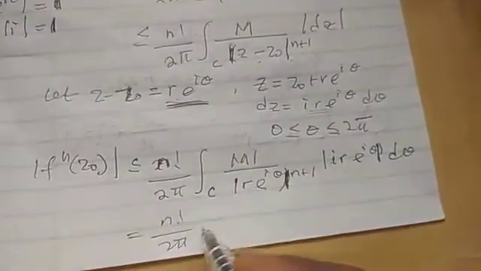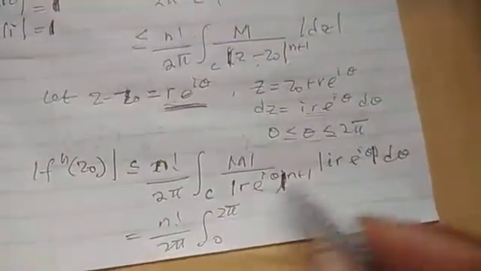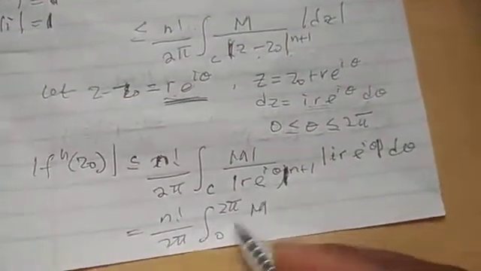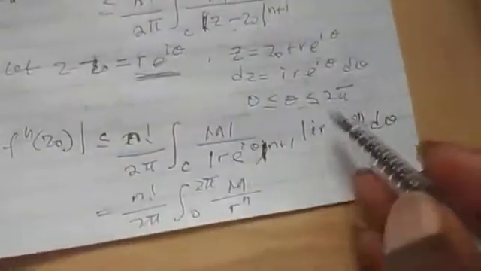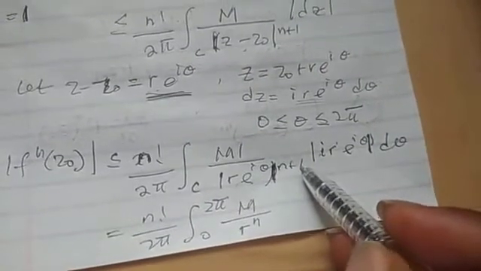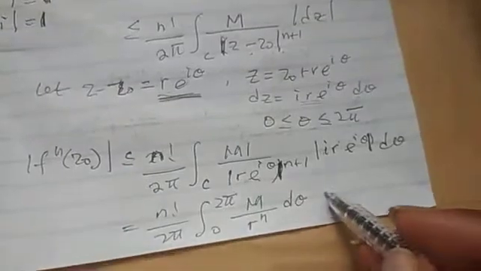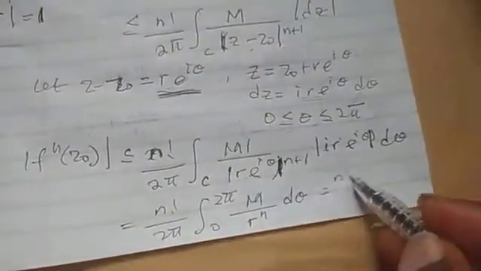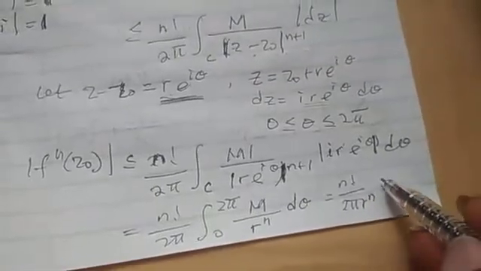What we are going to have left is n! over 2π, integral from 0 to 2π, M divided by, what we are left with is just r to the n, because this r cancels this one. Then we have dθ. From this place, we have n! over 2π r^n.